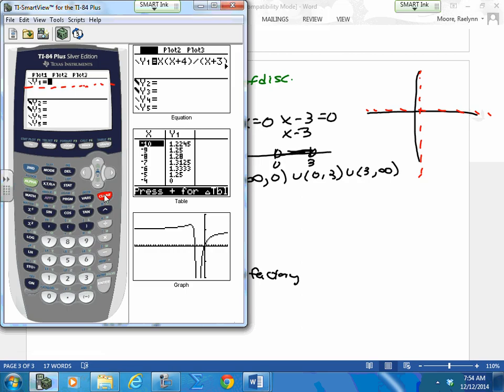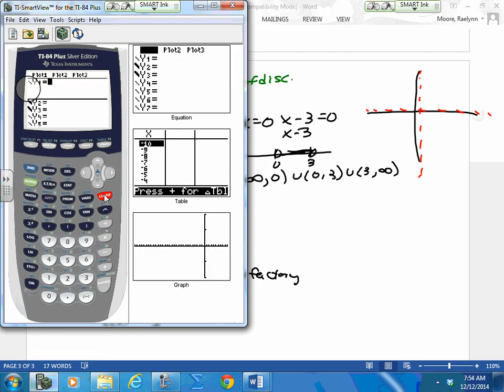Jonathan is curious. So now we're going to graph. So put this in your graph. Be careful, if you use this way, you're going to need parentheses around your denominator.